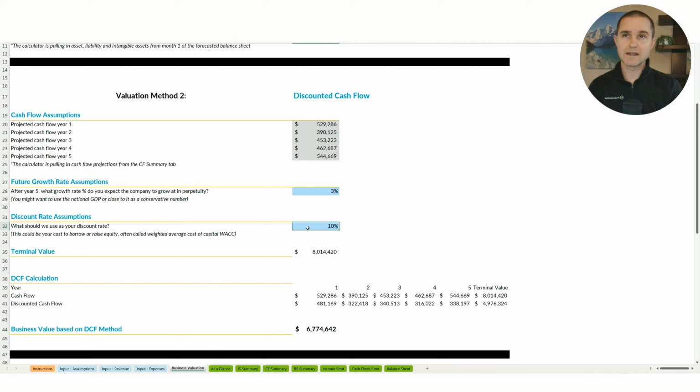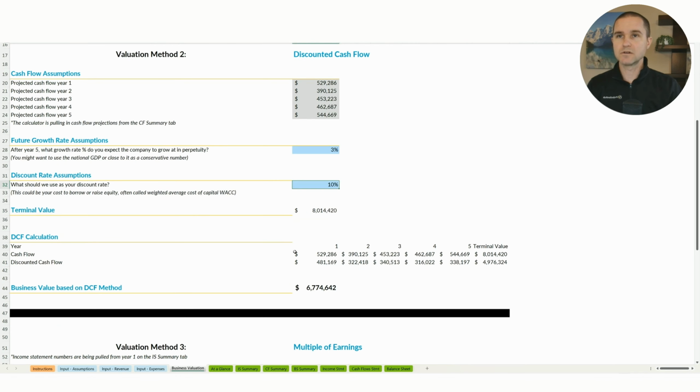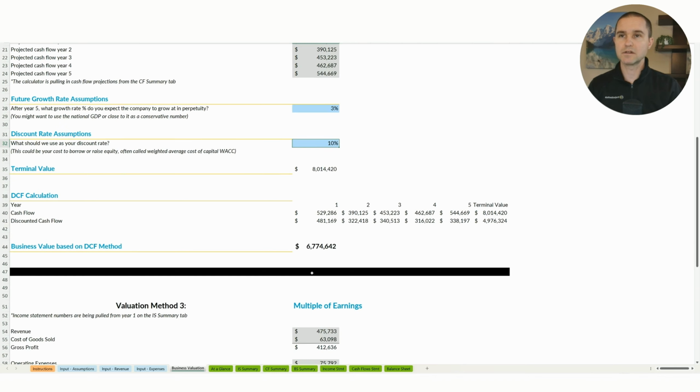It's often called your weighted average cost of capital, but essentially it's like what you want to make sure you can make at least 10%, or at least whatever that discount rate is. And essentially what it does is it discounts your cash flow each year by that discount rate. So ultimately, this will produce a business value based on this discounted cash flow calculation.